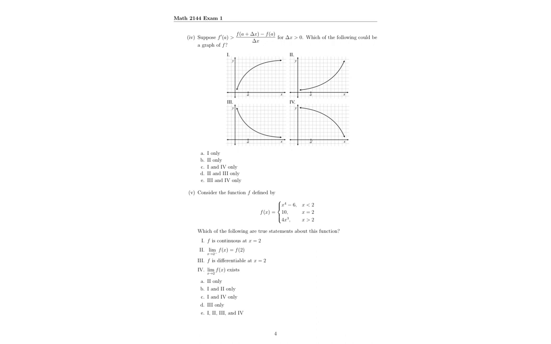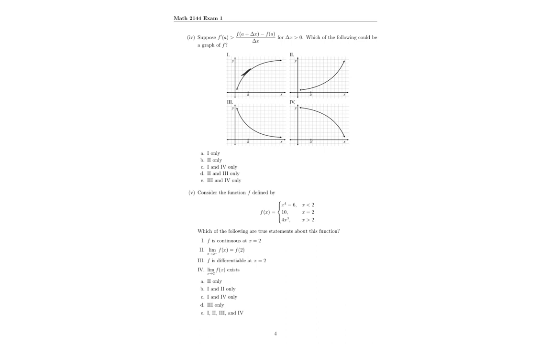All right, so for part 4, we are supposed to identify a potential graph of f with the given information. And so this is saying we have this f derivative at a, so that's going to be like our slope, right? So I'm going to kind of draw that right here, the slope of the tangent line. And it's greater than some f of a plus delta x.